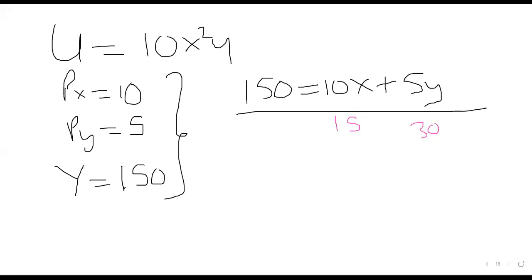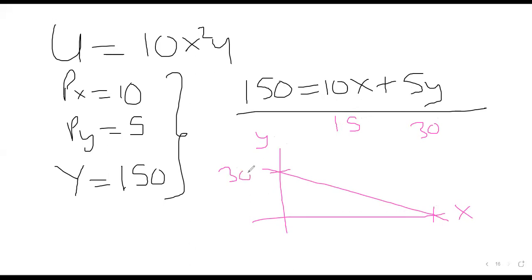All right, so how does the budget line look like? Y is here, x is there. It will cut the intercepts here. Y at what? 30. X at what? 15. Then we want to calculate the point at which utility is maximized, the optimum bundle here.